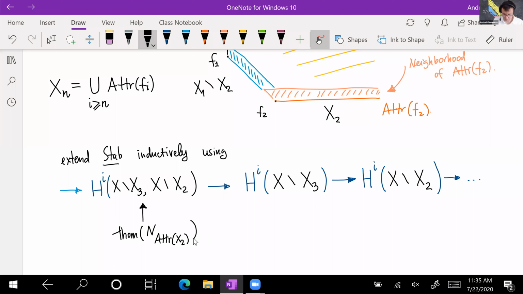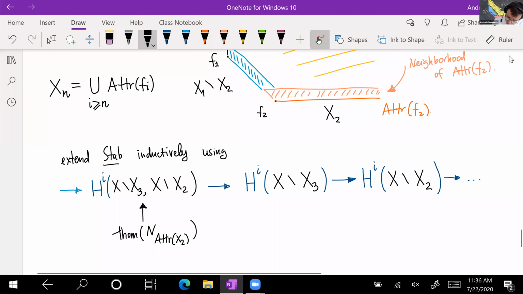Is that clear? X3 I didn't even write in this picture. It's something we throw out. This attracting manifold is a perfectly nice smooth manifold. If we take it modulo something which when we remove it, then this would be just the Thom space.